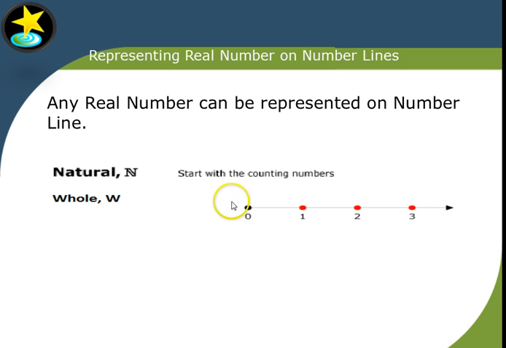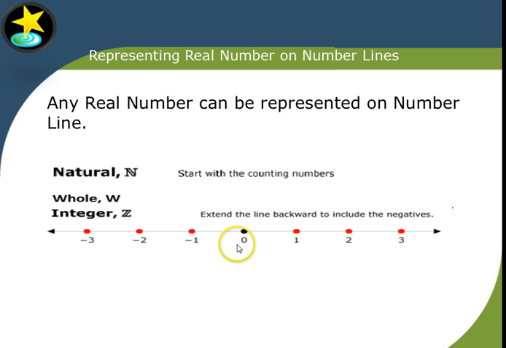Then again, if we add 0 to this, what we get is whole numbers on the same number line. What I have done in this case is extend this on the left side by 1 unit to come to 0. Further, if we extend that line by 1 unit, 1 unit and 1 unit, what we get is negative integers coming on the line, as you extend the line backward to include the negative numbers.